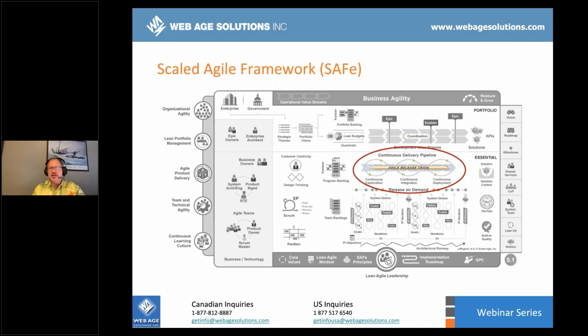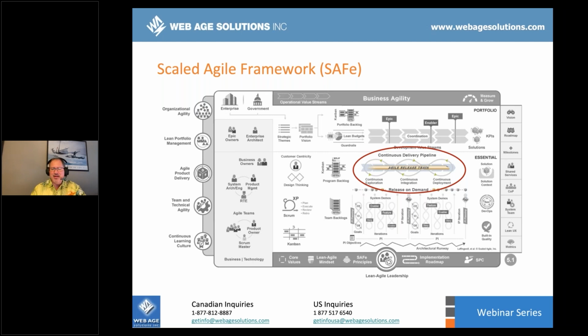Now, actually, the Agile release train is not the name of the whole process. It's the name of the structure of how this fits together. But often you'll see people talk about the Agile release train. Well, this is effectively what they're talking about. It's a mechanism for integrating the work of multiple delivery teams, the train, to deliver business value.